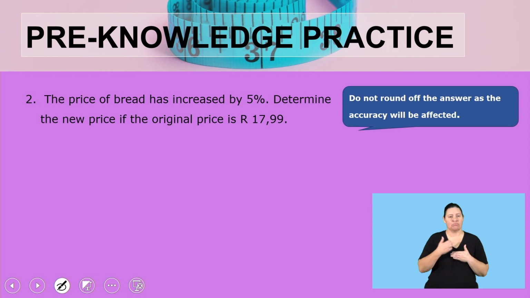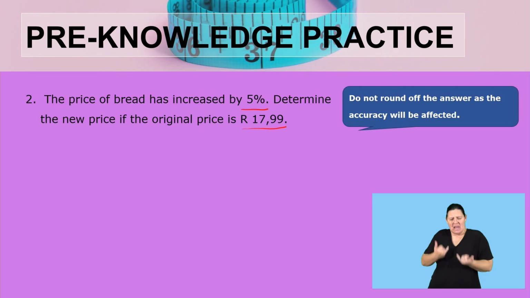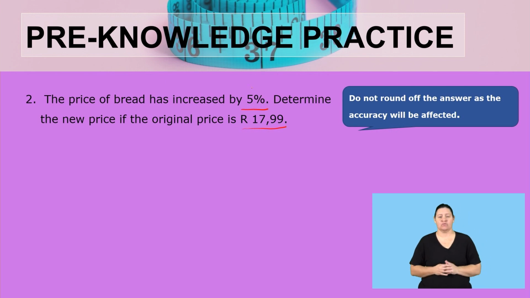The price of a bread has increased by 5%. Determine the new price if the original price, remember the original price is the price before the increase, is 17.99 rand. So to increase, remember we said we are going to add this 5% to 100% because the original price is 100%.